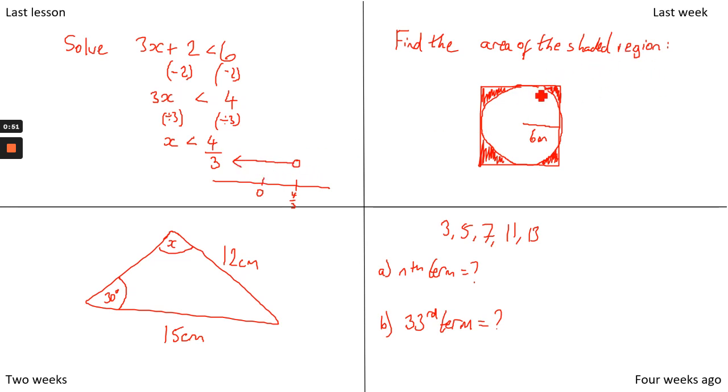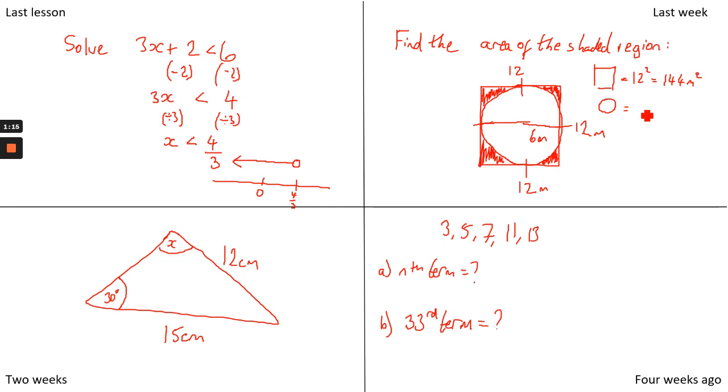Okay, this one, I should have told you that this is a square. Apologies for not telling you that. But if the radius is 6, you know that the diameter must be 12. So actually, the square is going to be 12 meters by 12 meters. So the area of the square is going to be 12 squared, which is 144 meters squared.